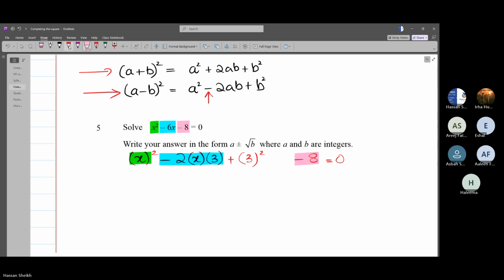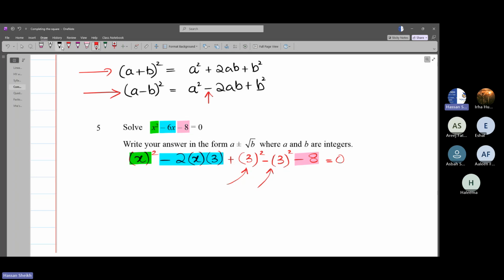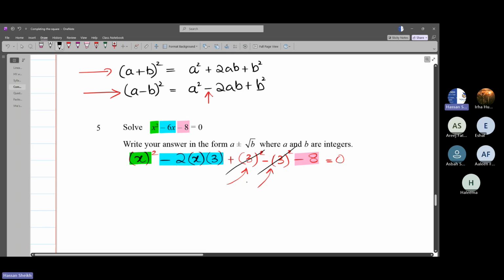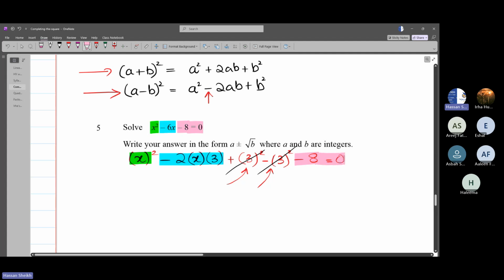Obviously, this plus 3 square is something alien that comes from outside that wasn't there in the equation before. So to keep it balanced, we must do the opposite: we added plus 3 square, that's why we subtracted it, because mathematically they would cancel. And there is nothing different here than the given equation. Agree?